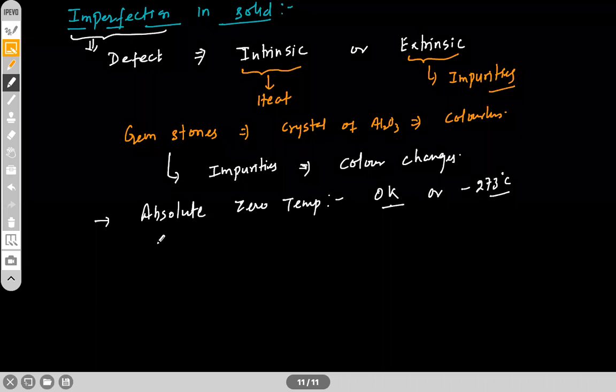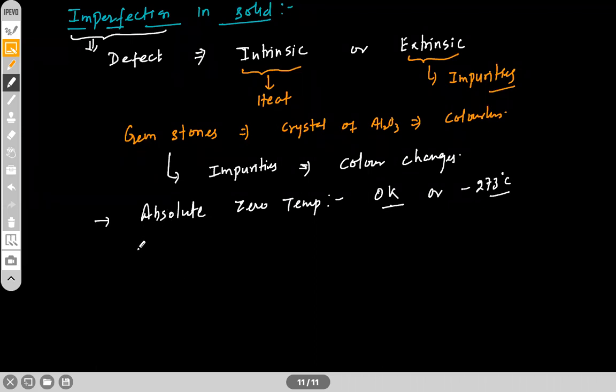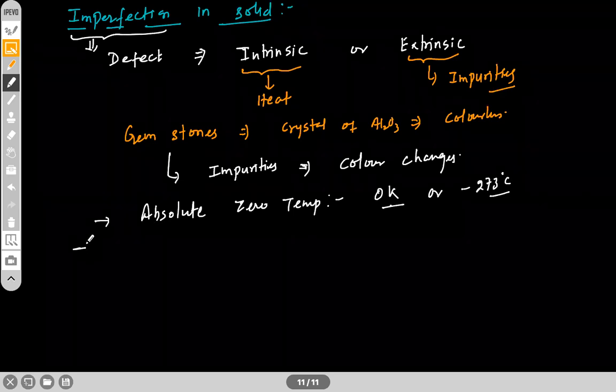Now, this imperfection, depending upon the atoms or electrons, is again classified into two categories.